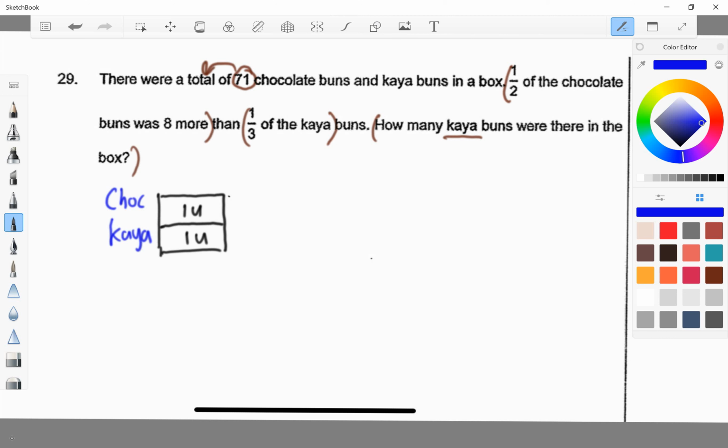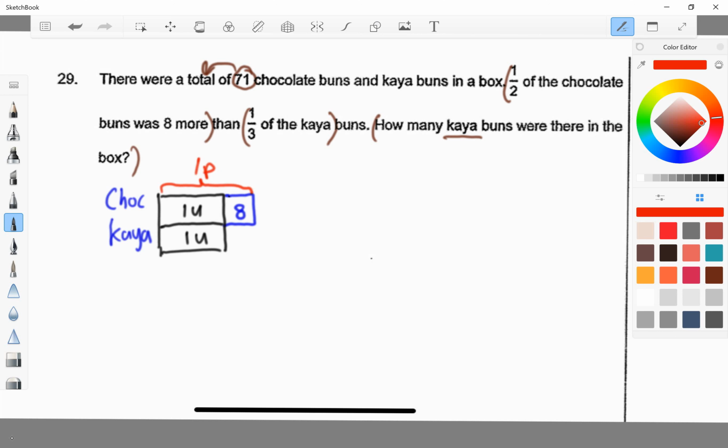So they say that half of the chocolate buns was ate more than 1/3 of the kaya buns. So if we fix 1/3 of the kaya buns to be 1 unit, this means that half of the chocolate buns has got to be 1 unit with an extension of 8, as you can see in my model. So 1 unit plus 8, as seen in my model, it has to represent 1 part.